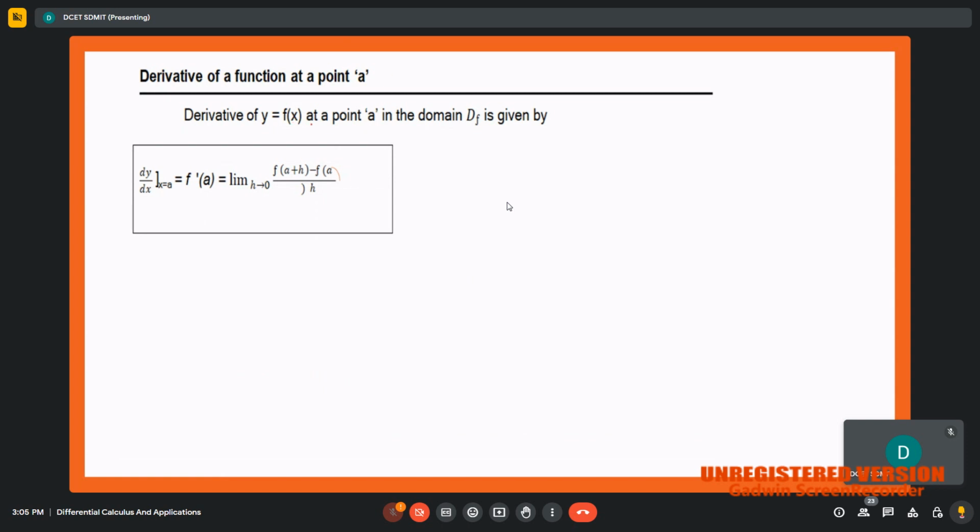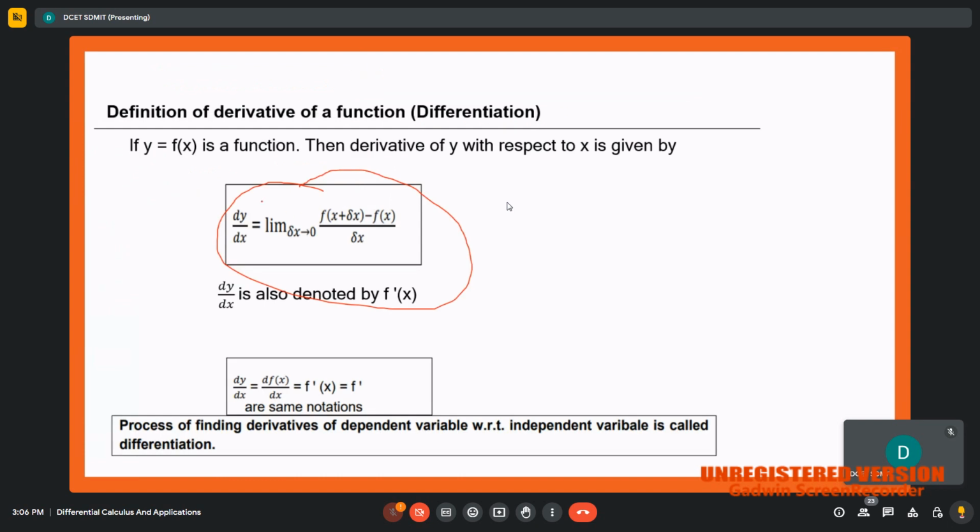The derivative of y equal to f of x at a point a in the domain of f is given by dy by dx. Here we consider x equal to a. We can write f dash of a as the limit as h tends to 0 of f of a plus h minus f of a, divided by h. Here we have applied the definition of differentiation: dy by dx is equal to the limit of f of x plus delta x minus f of x, divided by delta x, as delta x tends to 0.